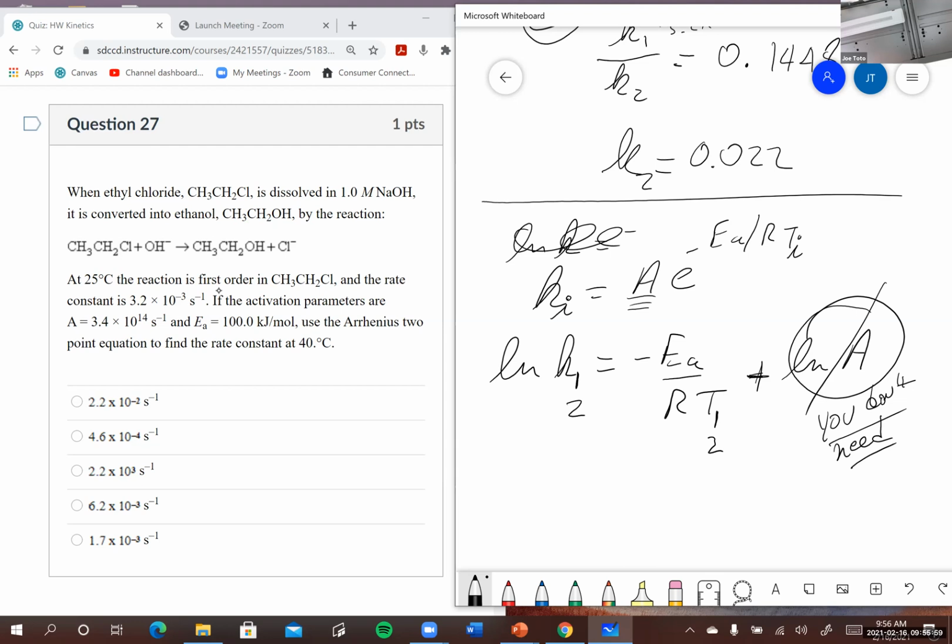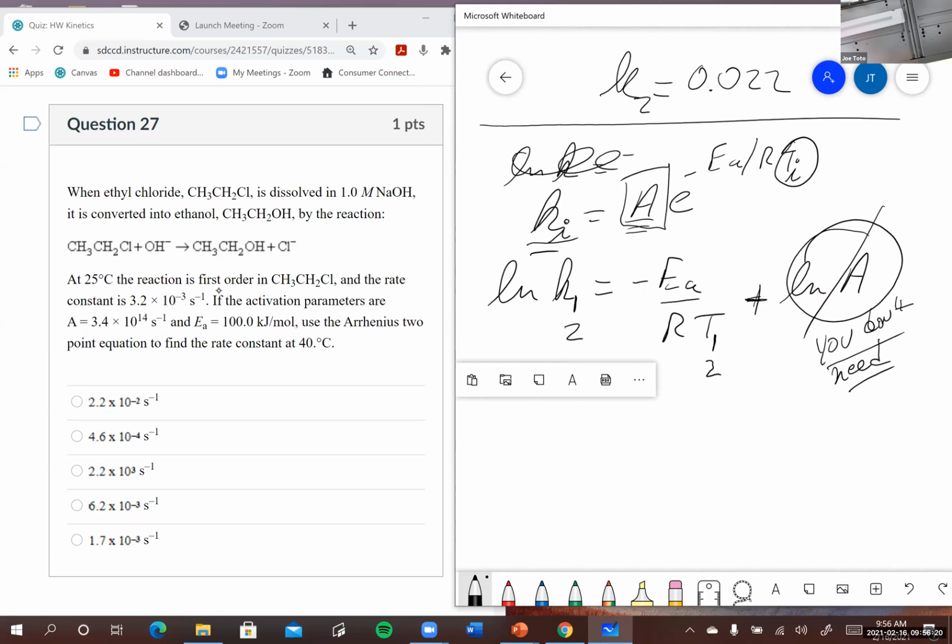Whatever temperature you can think of, you put it down. That's the independent variable, and that dictates what the dependent variable is going to be, the K. And you're assuming that this pre-exponential factor is constant through temperature. At least the temperature ranges we use in Chem 201, that's true, but it's not strictly true.